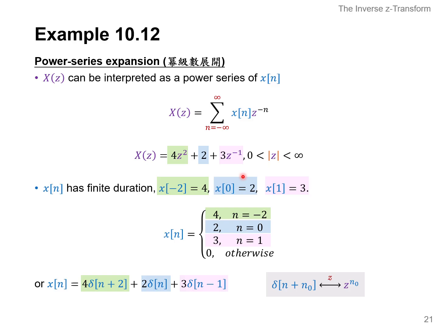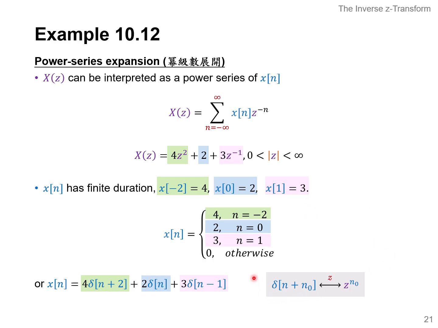This means the signal has 3 non-zero samples. 4 times z squared means x at n equals minus 2 is equal to 4. 2 means x at n equals 0 is equal to 2. 3 times z to the minus 1 means x at n equals 1 is equal to 3. All other values of x[n] are 0.